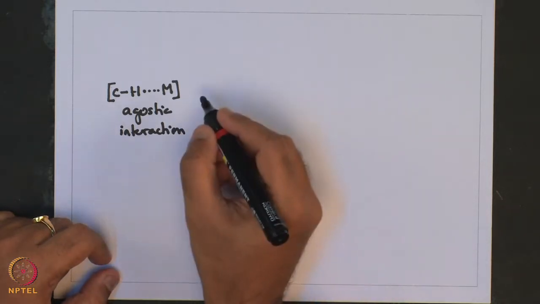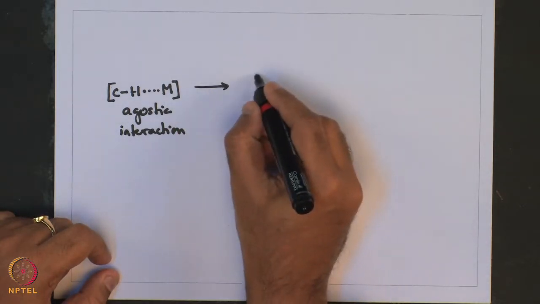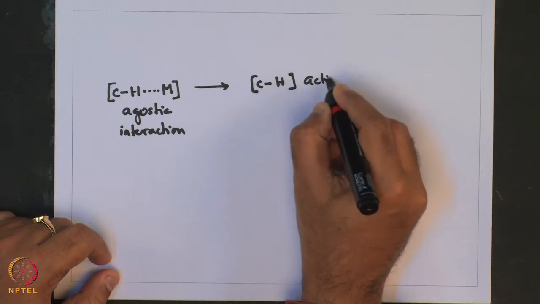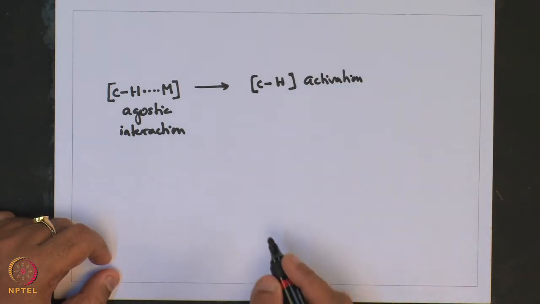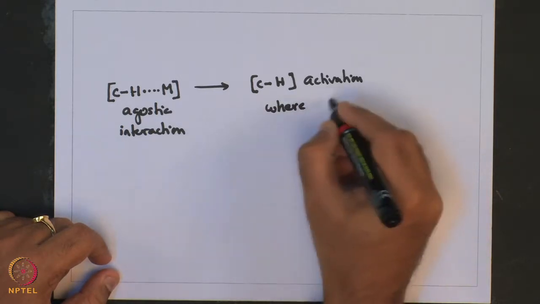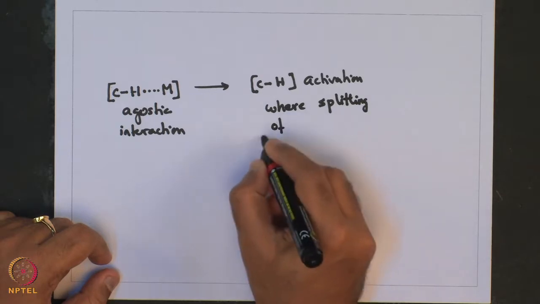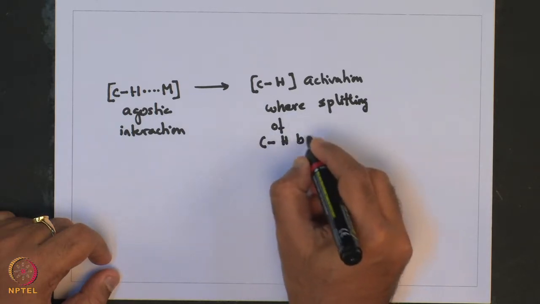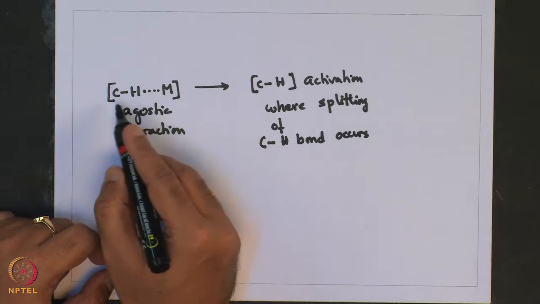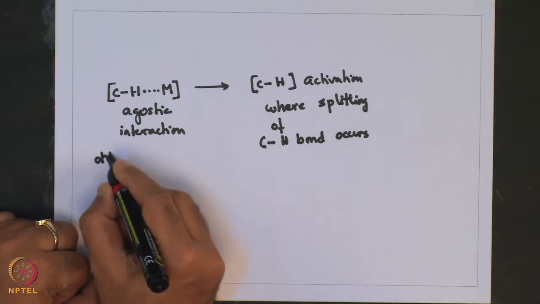These CH-M agostic interactions lead to CH activation, where splitting of the CH bond occurs, whereas in agostic interaction only weakening of the CH bond occurs.